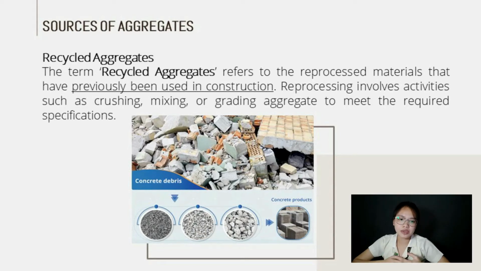If by any chance it does not meet the required specifications, sadly it cannot be used as aggregates, or cannot be used in construction. However, the process of producing recycled aggregates is intricate, and it ensures that it will meet the required specifications. So that's it.